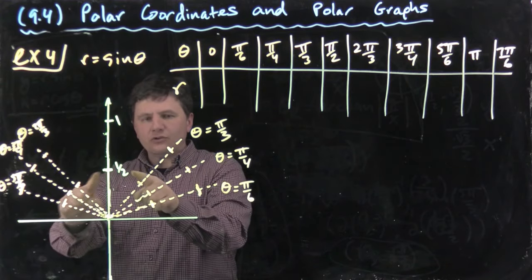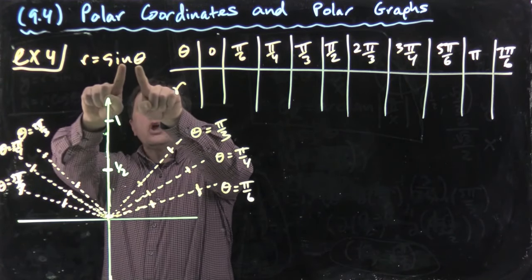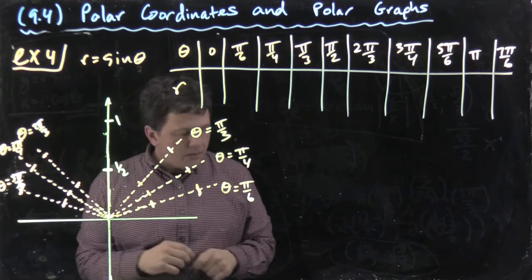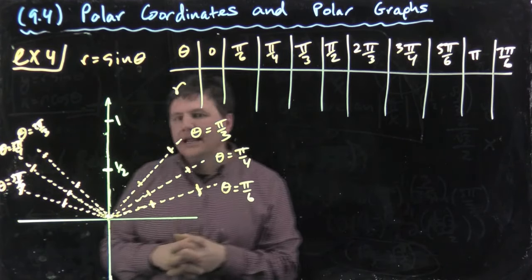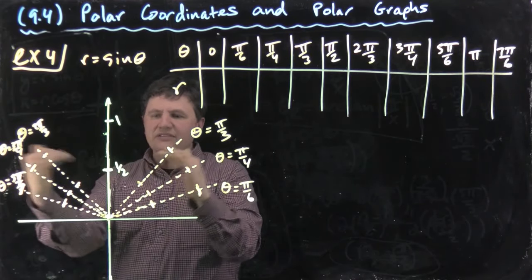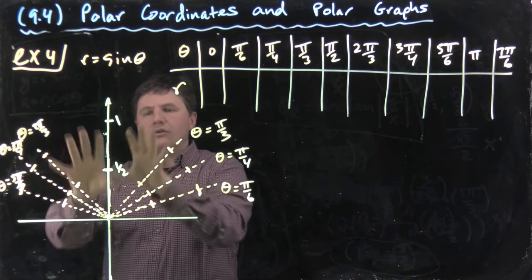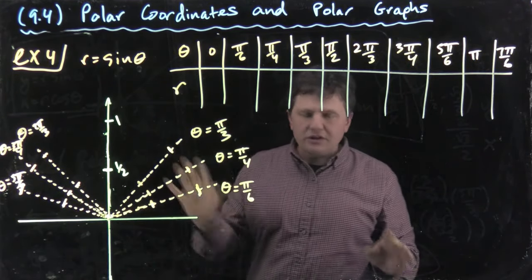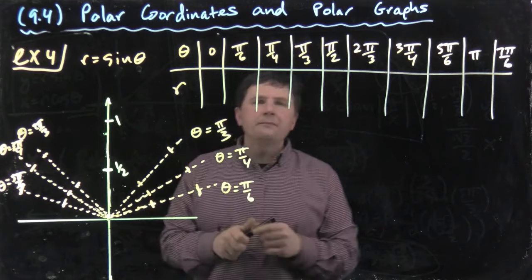So what I've marked here is 1/2 and 1, because all of our outputs for r are going to be less than or equal to 1, because it's defined by sine. You'll see all these are 1, that's 1, and so basically it's going to be all contained in here.